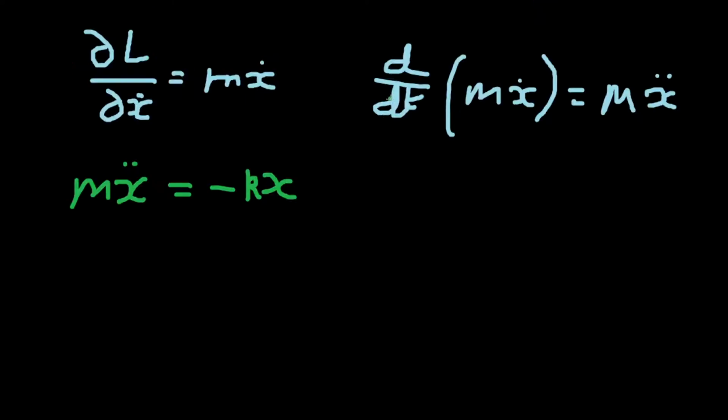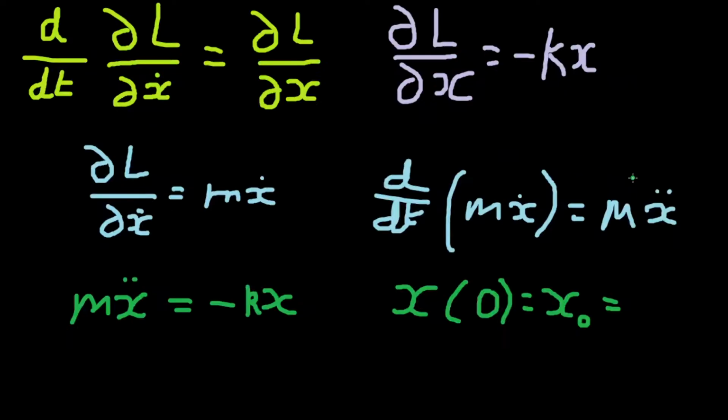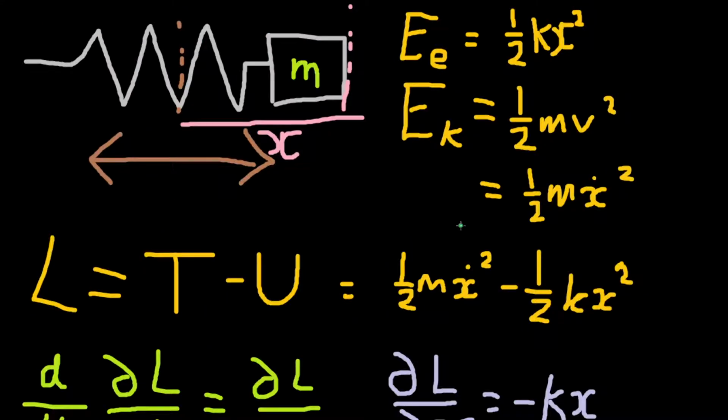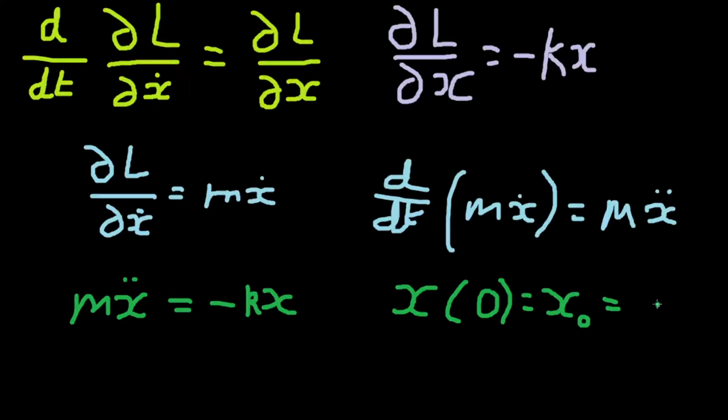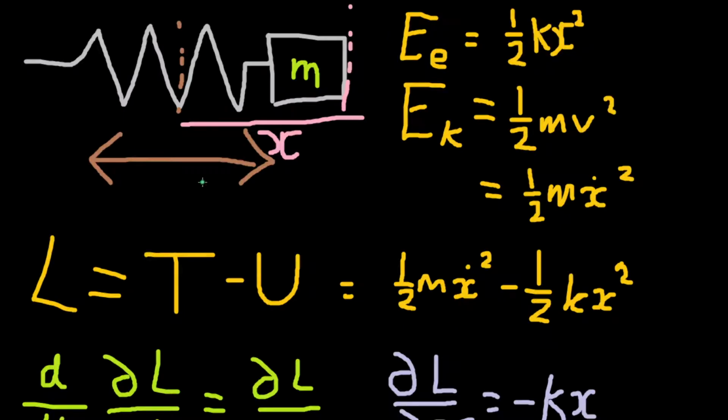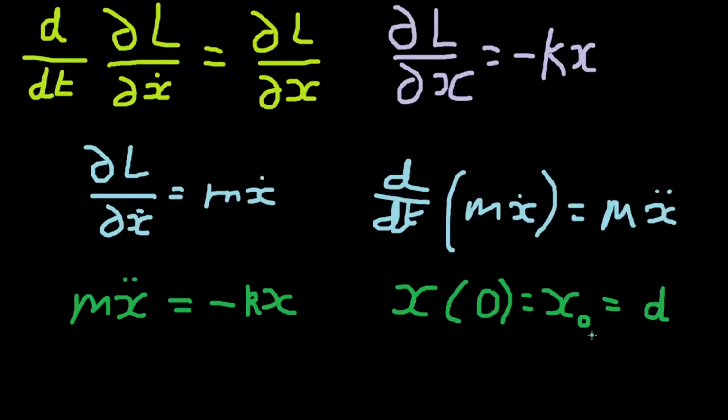Okay, so very simply what this means is x of 0 is the initial x, which is equal to whatever this x is. Let's call this d, for distance from the rest point.